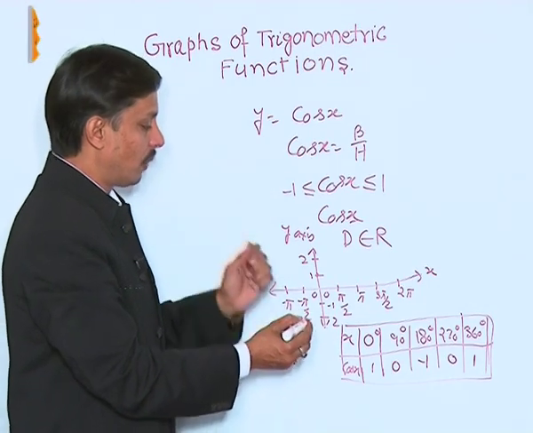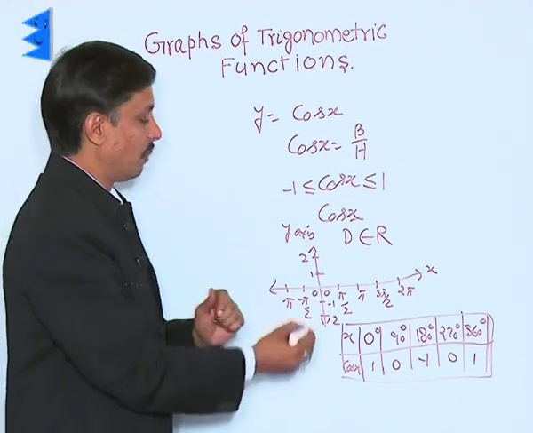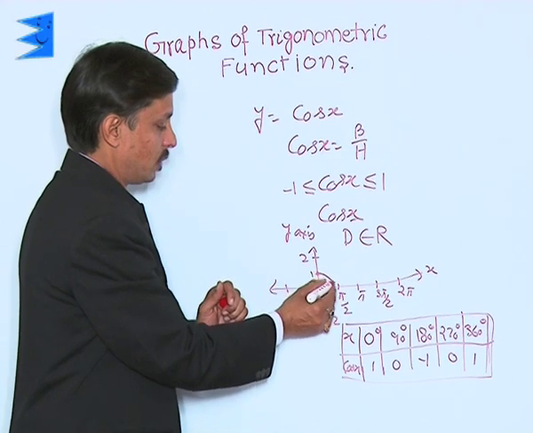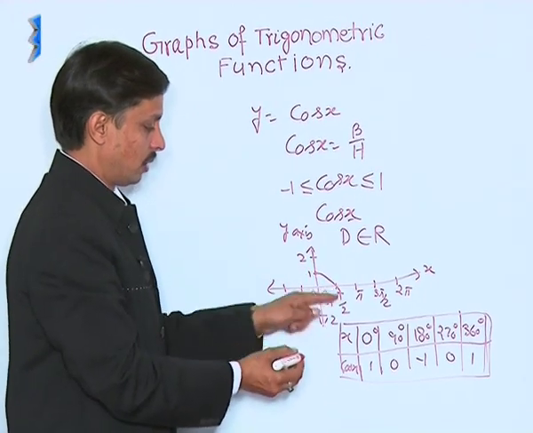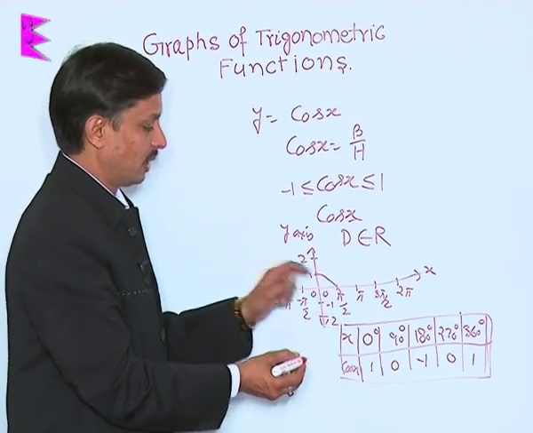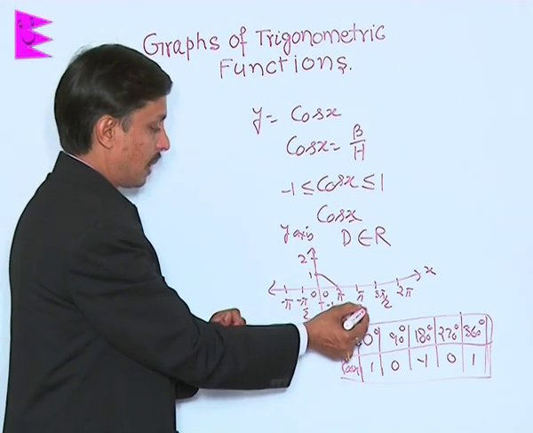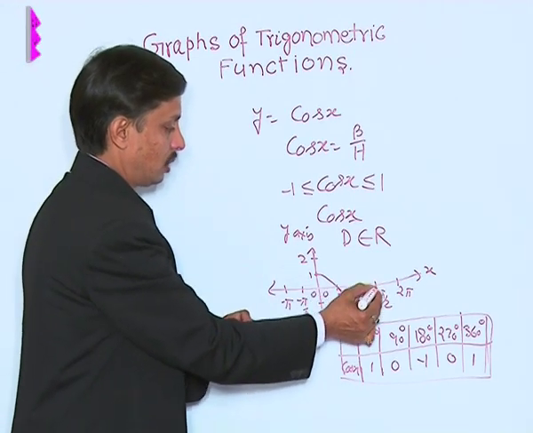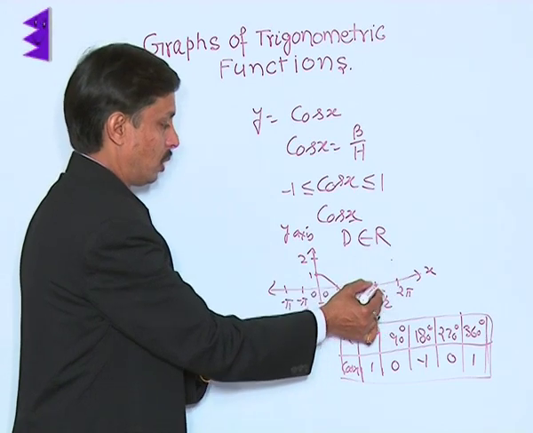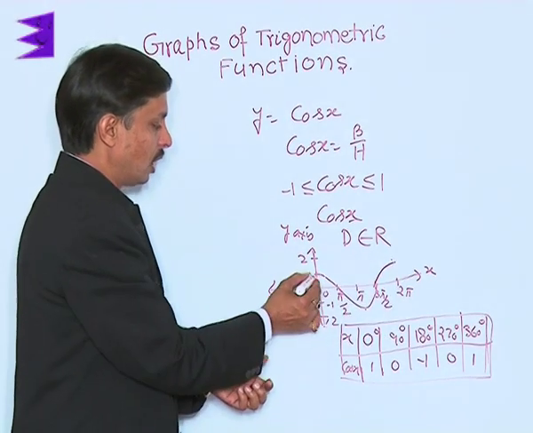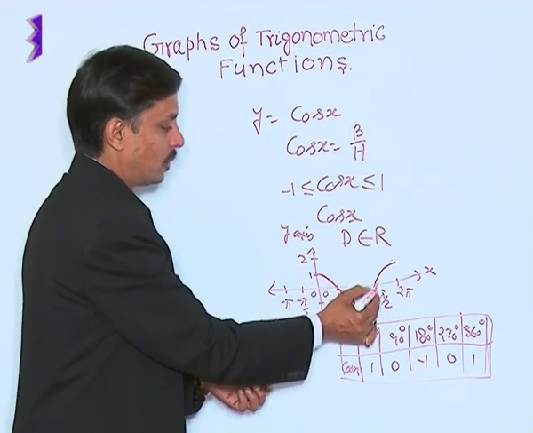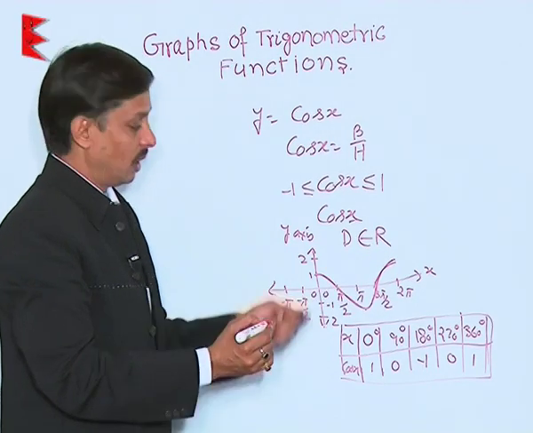So the graph of cos x can be drawn like this: at 0 it is 1, at pi by 2 it is 0, at pi it is -1, at 3 pi by 2 it is 0, and at 2 pi it is 1. This is the graph of y equals cos x.